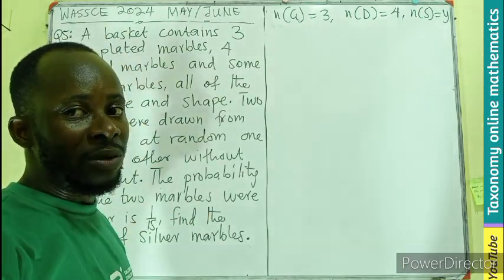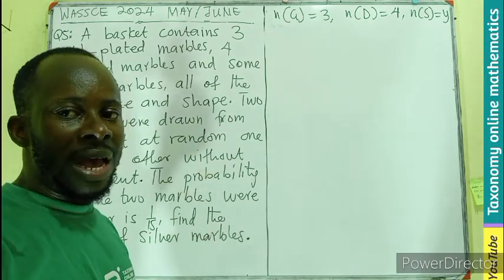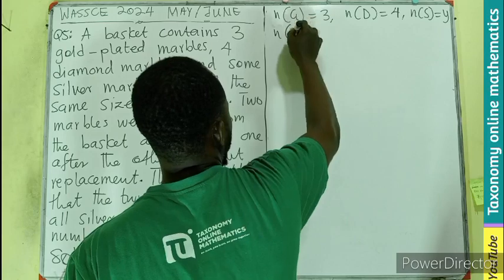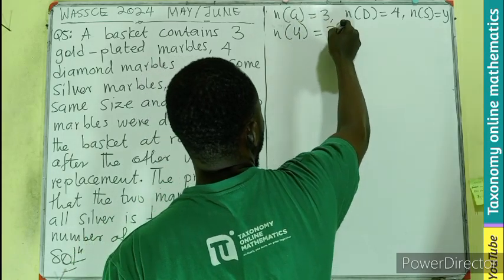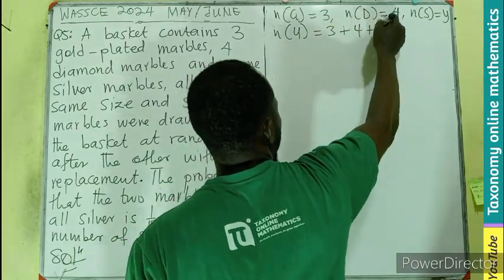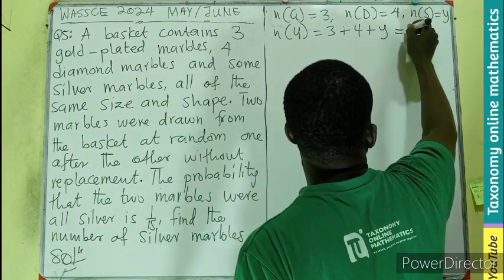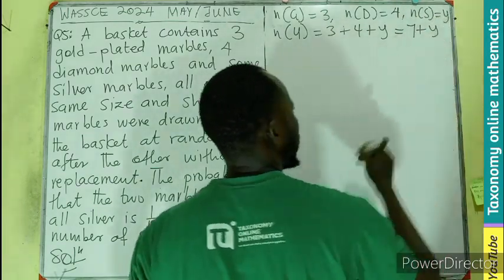Probability is about a sample and the total sample space, so the total is 3 plus 4 plus y, which equals 7 plus y.